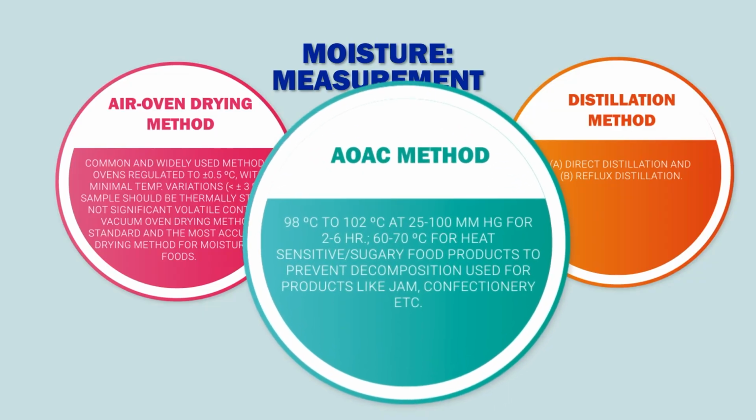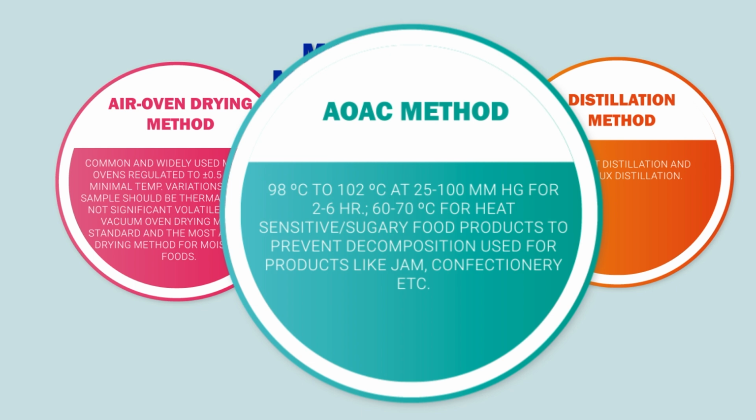So to remove the error, you have to be very, very careful what kind of method you use. For example, the AOAC method says that your temperature in the oven should be 98 to 102 degrees at 25 to 100 mm pressure, and you do it for 200 to 600 hours. But if your product is heat sensitive, the same method would be done at 60 to 70 degrees oven temperature.